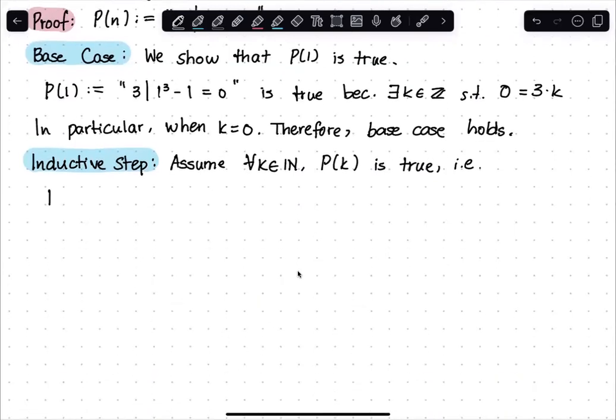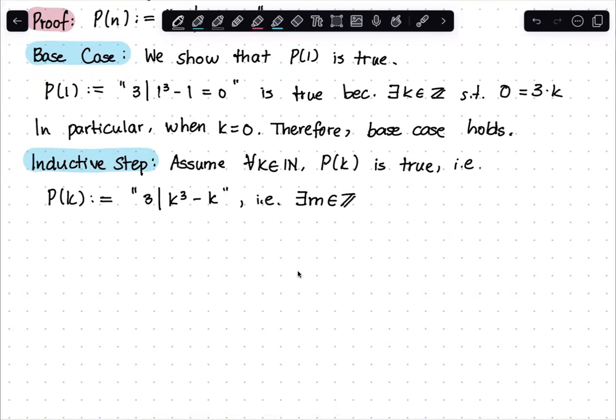So we're saying that P of k is true. So that's saying, well, 3 divides k cubed minus k. Now, by definition, furthermore, there exists some positive integer m such that k cubed minus k is equal to some multiple of 3. So 3 times m. So this is one key factor that we're going to be using.